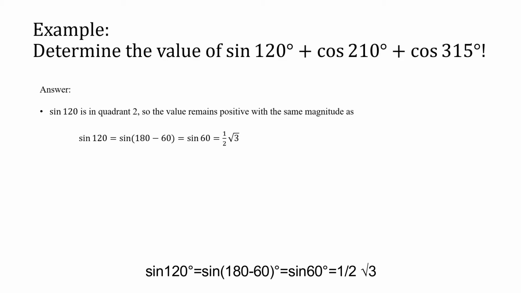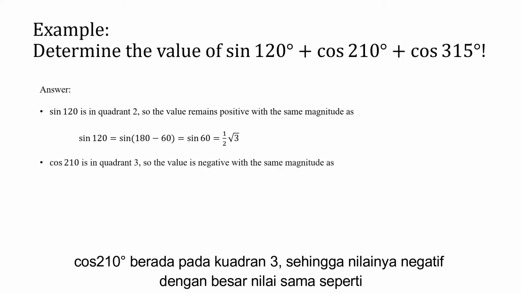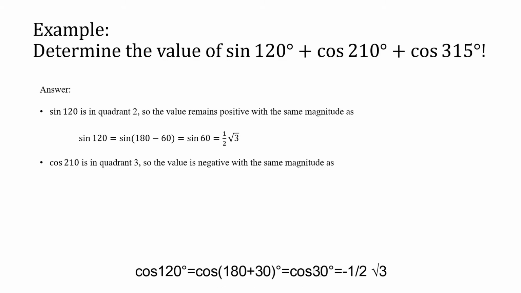The value of sine 60 is 1/2 root 3. The next part, cosine 210 is in quadrant 3, so the value is negative with the same magnitude as cosine 210, same as cosine 180 plus 30, which is the same as negative cosine 30. The value of negative cosine 30 is the same as negative 1/2 root 3.